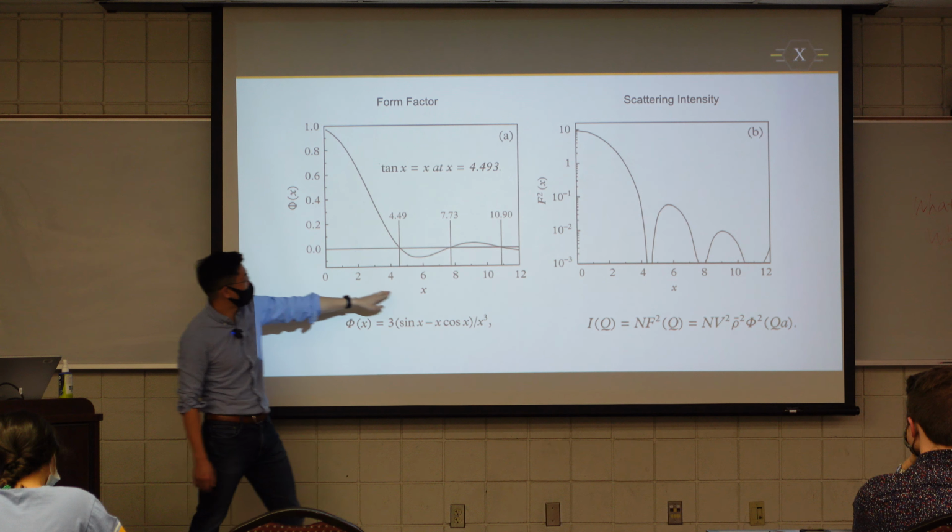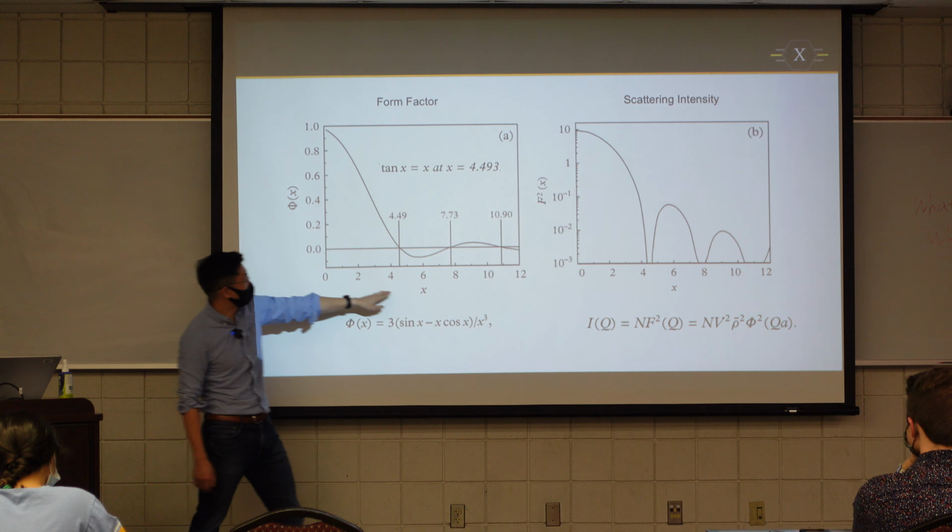And you have more higher orders. But the first minima is most useful, because it generally is most well defined when you measure a spherical particle. So you measure first the value of x, which in our scattering measurement is the scattering vector q.